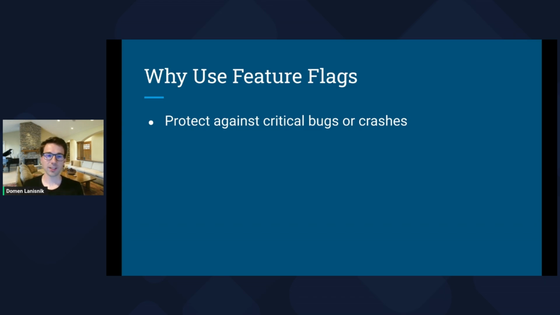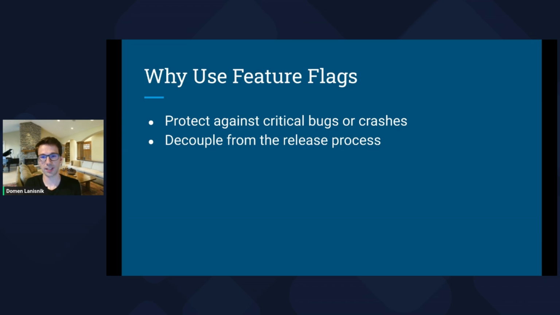And you can fix it at your own pace, and once you fix it, you release a new version, and you can turn on the feature flag just for the users who are on the new version that has the issue fixed. And for other users who are still on the older version, they won't see the feature. And this is one of the key functionalities and advantages of feature flags.